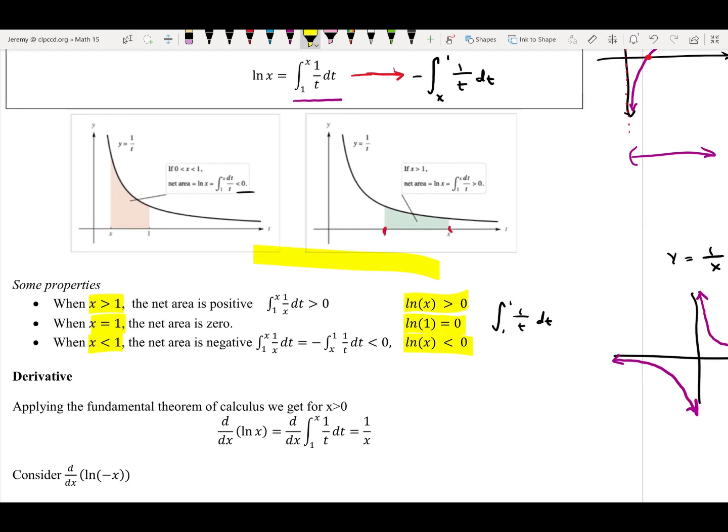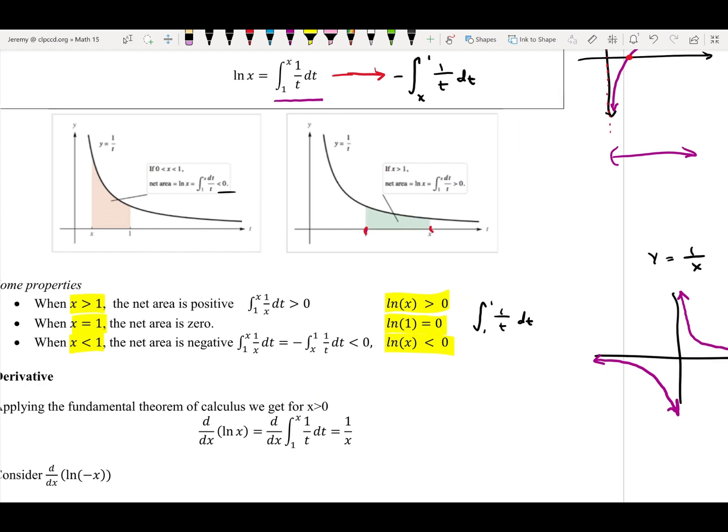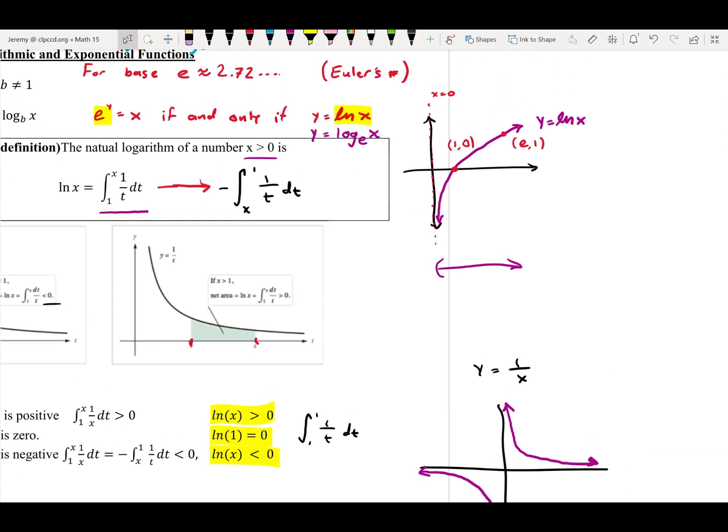Notice that all of this totally cooperates with our college algebra level of understanding of this function, right? Because to the right of x equals 1, we have positive output values. We're above the x-axis. To the left of x equals 1, the outputs of this function are negative. They're below the x-axis.